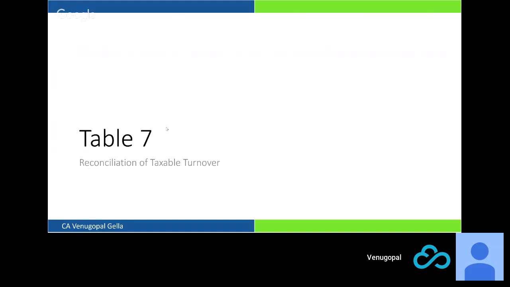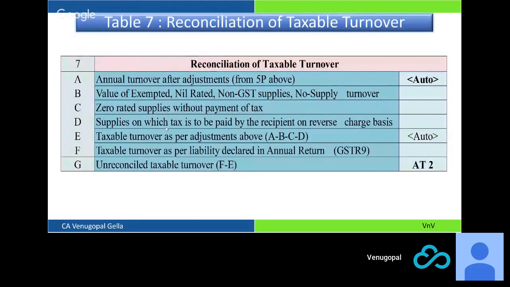Table number 7 is, now I have the derived gross turnover. From this derived gross turnover, I will be reducing the exemptions. In my view as an auditor, I would look at what the exemptions are, so I would only be giving those exemptions which are eligible.